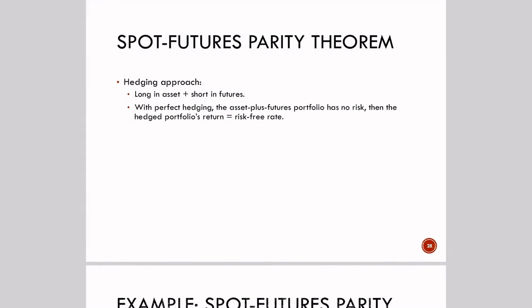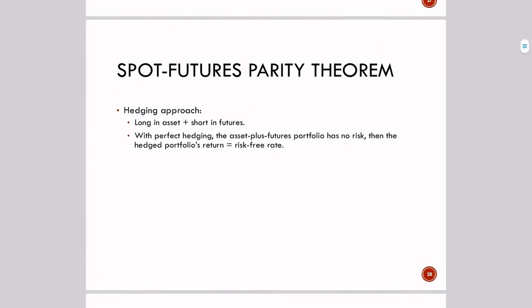Well, one thing we know from the previous lecture is that to build a hedging portfolio using futures, you can take a long position in the asset and a short position in futures. This is essentially called a short hedge. So the idea is, let's say I'm a farmer, right?